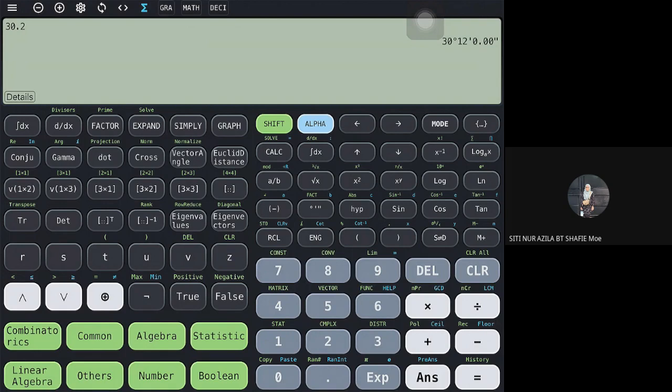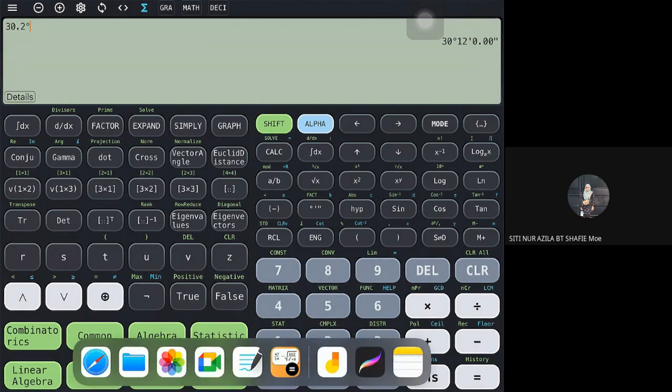Then your calculator will show your answer in degrees, minutes, and seconds. From here, you can see 30 degree, 12 minutes, and 0 seconds. You can use either the calculator or manual calculation. Either way is fine, as long as you know how to convert from degree to degrees, minutes, and seconds, and convert from degrees, minutes, and seconds back to degree.